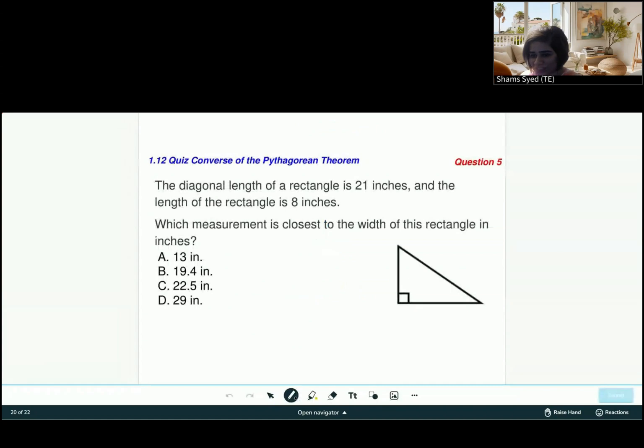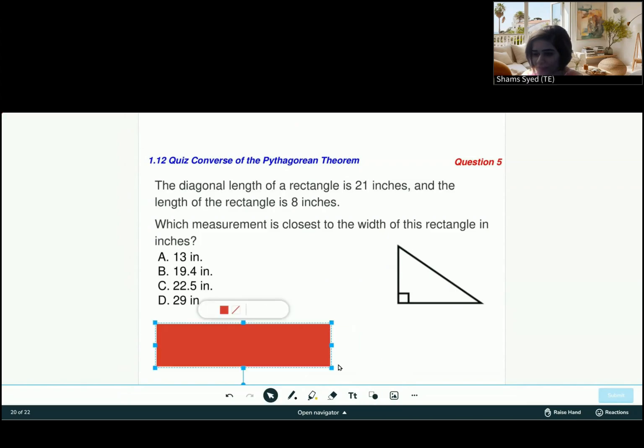The question is talking about a diagonal length of a rectangle that is 21 inches, and the length of the rectangle is 8 inches. The triangle is not needed here, but for the safe side, I did put one in. Here is a rectangle.